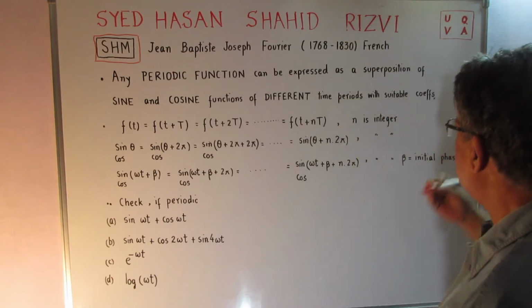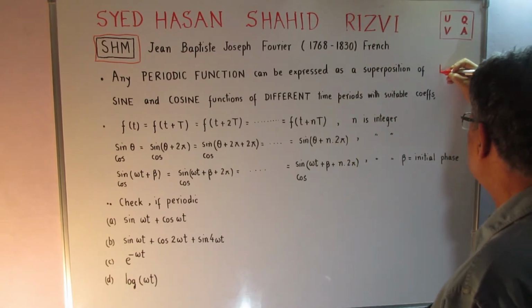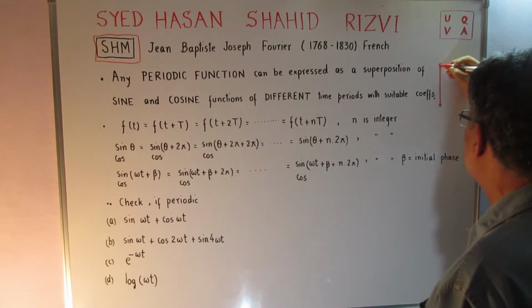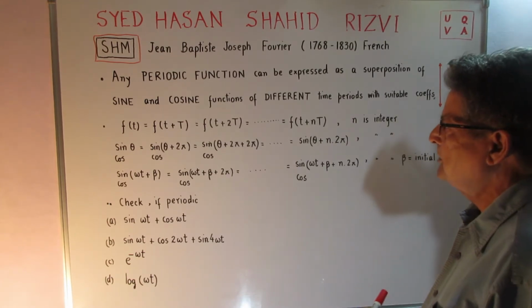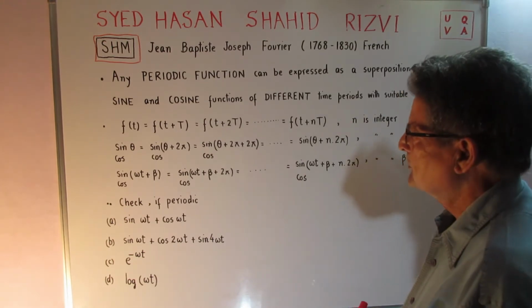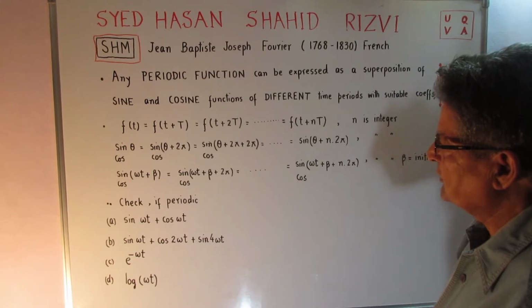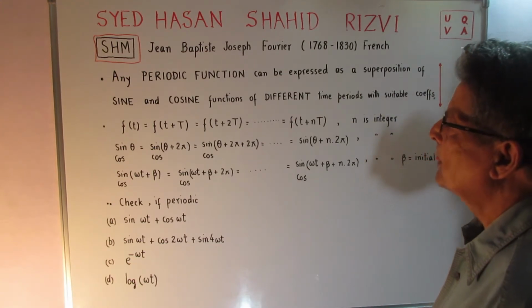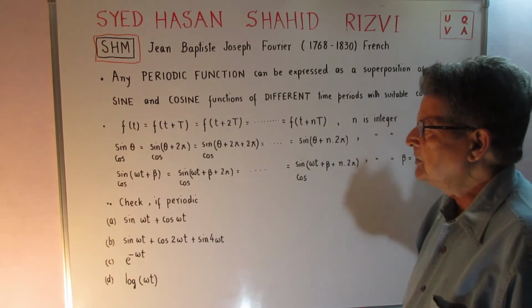So now let us see what he arrived at, Mr. Jean-Baptiste Joseph Fourier. I don't know if he was a professor anywhere, but he was a scientist and mathematician.